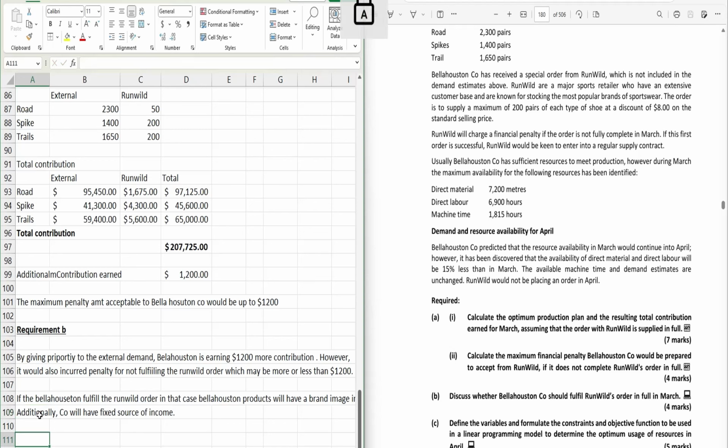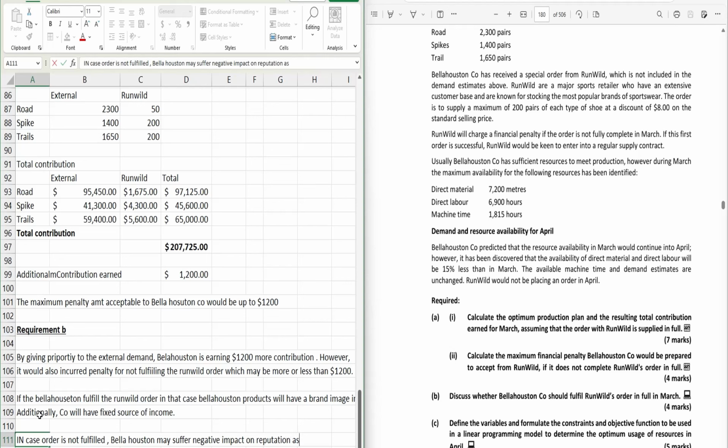But if the order is not fulfilled, in that case BellaHouseton may suffer a bad image, may suffer a negative impact on reputation.